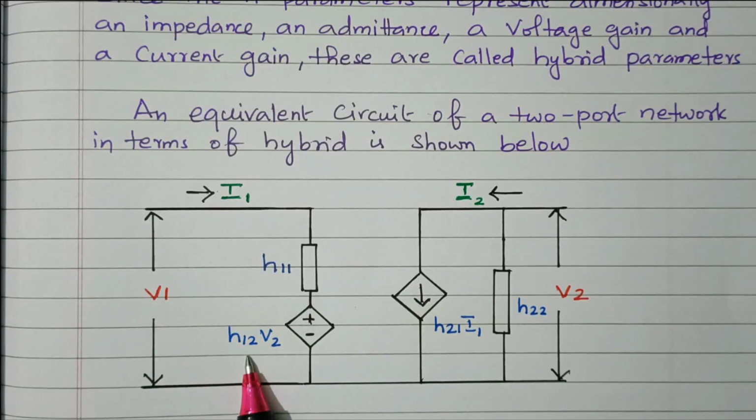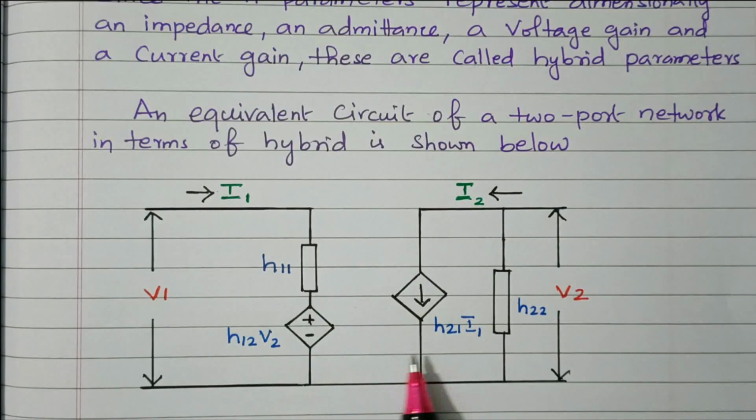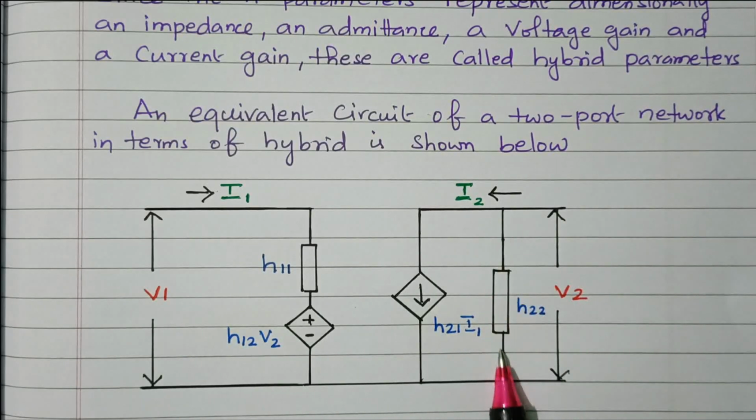H12 is nothing but the open circuit reverse voltage gain. This is a voltage source. So these two are connected on the input side. Similarly, on the output side, H22 is nothing but the open circuit output admittance, so it is connected here.